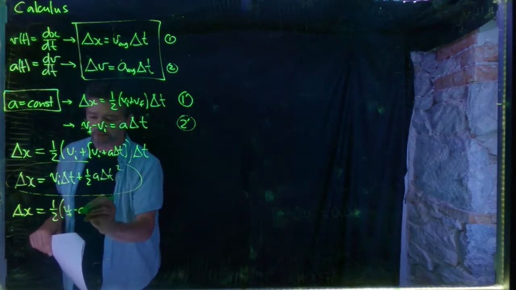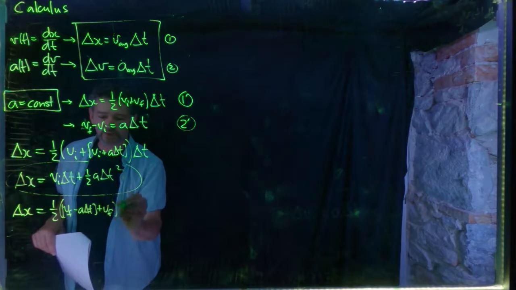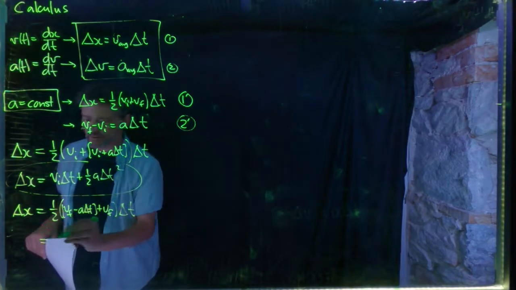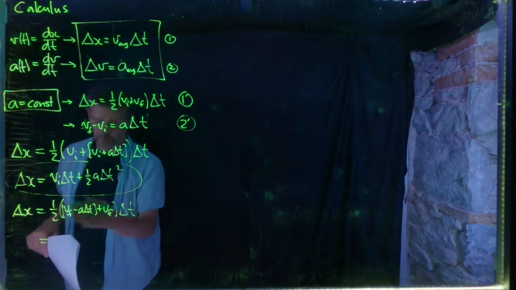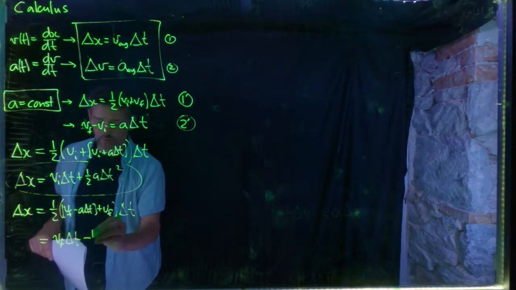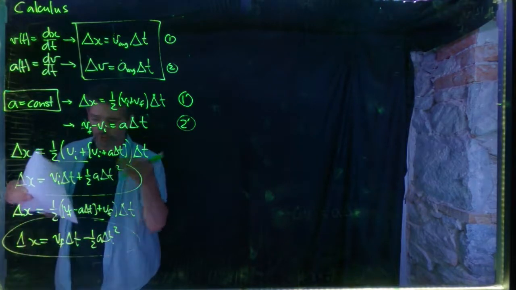So v final minus a delta t, that's v initial, and then you want to add v final, and then multiply the whole thing by delta t. And so this results in, you have v final plus v final, that's twice v final, divided by 2 is v final delta t, and instead of a plus, we have a minus 1/2 a delta t squared. Okay? This is the way you usually see it written.